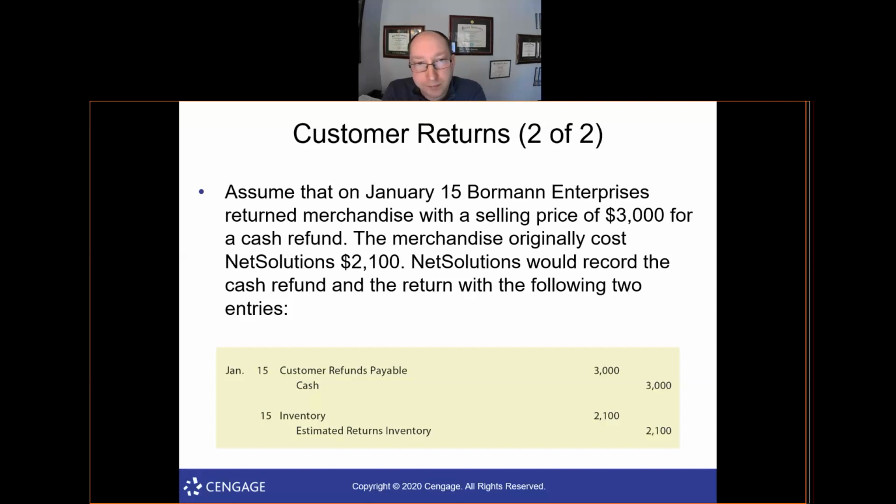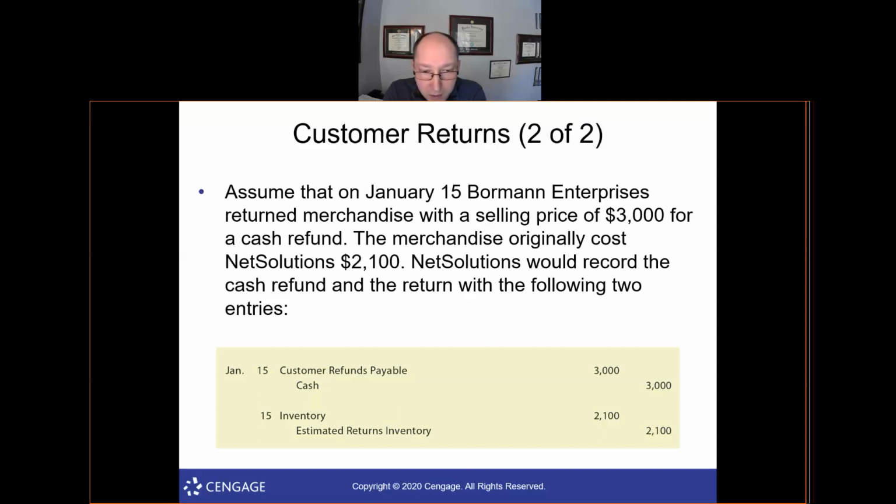Here's an example. Let's say that on January 15th, a company returned merchandise with a sales price of $3,000 for a cash refund. The merchandise originally cost our company $2,100. Our company would record the cash refund and return with the following two entries.